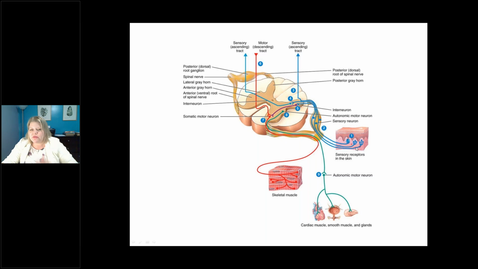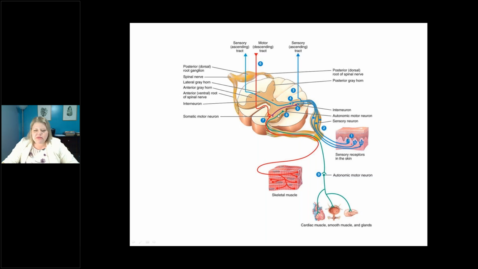So when we're starting with the reflex arc here, there's some kind of a sensory receptor picking up changes in the environment, and it's relaying that information up the sensory neuron. Here we can actually see the cell bodies of the sensory neuron, right? And then the synapses of the sensory neuron on the interneuron is happening at the posterior gray horn.